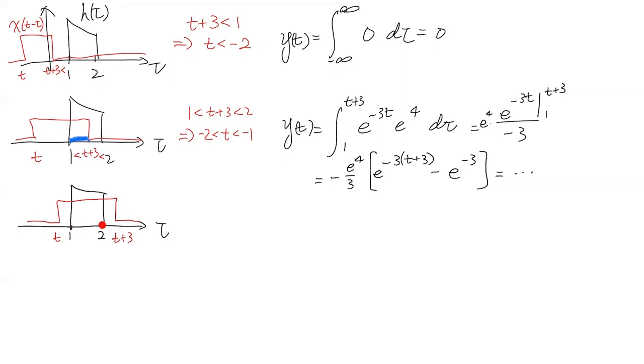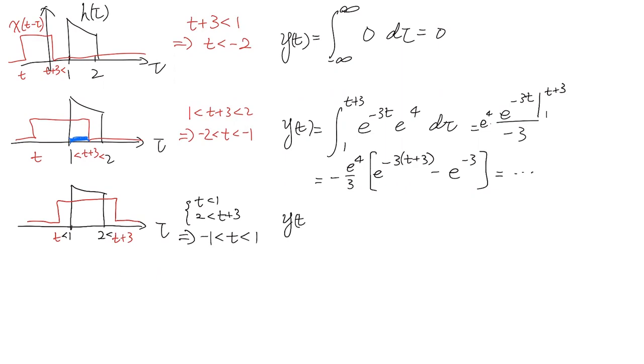And this 2 must be on the left of t plus 3. So you have two conditions: t less than 1, right? And the other is 2 less than t plus 3. Put them together, you have t less than 1, greater than negative 1.